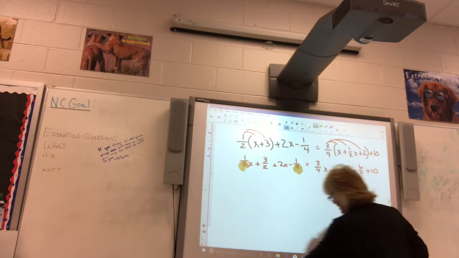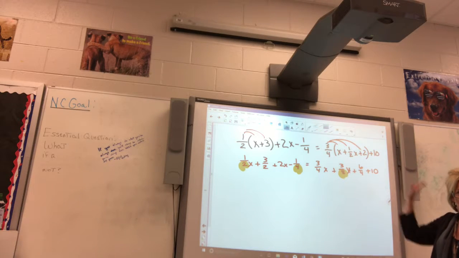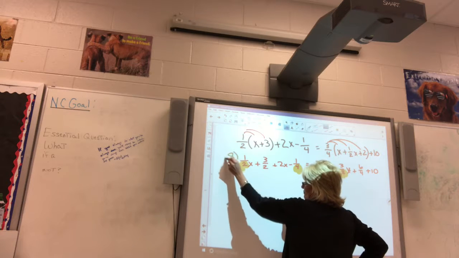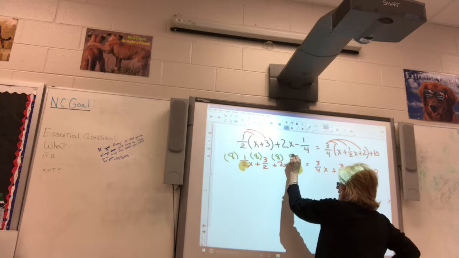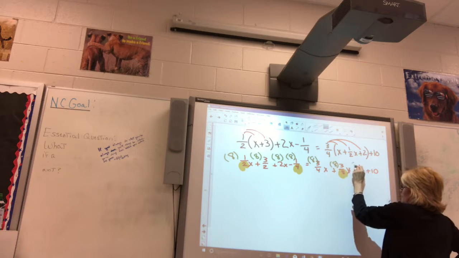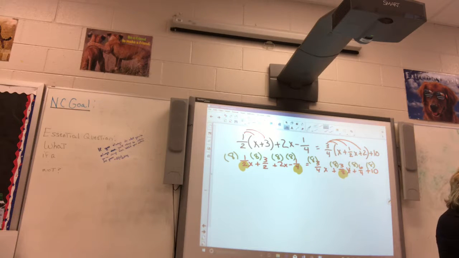So 8 is going to be the number I'm going to multiply everything by to get rid of these fractions. So I'm going to multiply this by an 8, that by an 8, 8 and 8. I've got 8, 8, 8, and 8. What you do to one thing in an equation, you must do to everything.